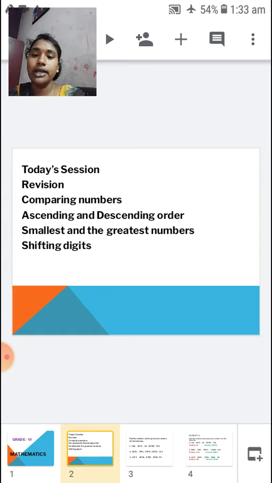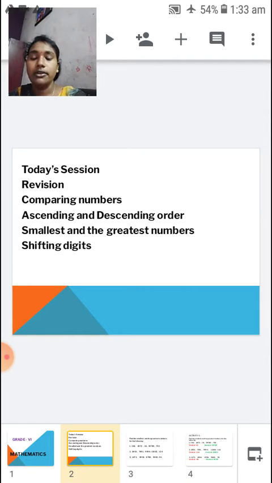Okay, so next we are going to see the ascending and the descending order. As you know, in your lower classes you would have studied what is ascending and what is descending order, but here we are going to see in a much more detailed manner how larger numbers are arranged in an ascending order or in a descending order.